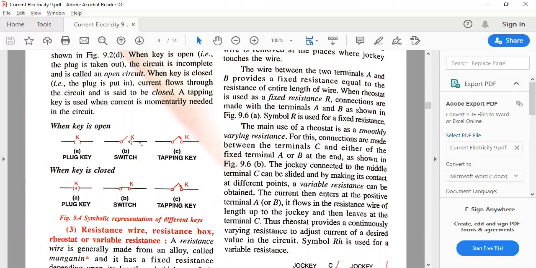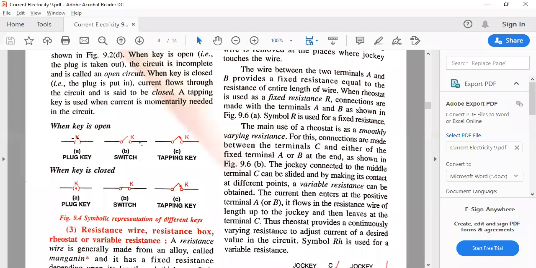And there is something called a tapping key. I will try to show you the real image. So I think you understand how to represent when the key is open and when the key is closed. Here there is a gap in the tapping key, and here it is closed.